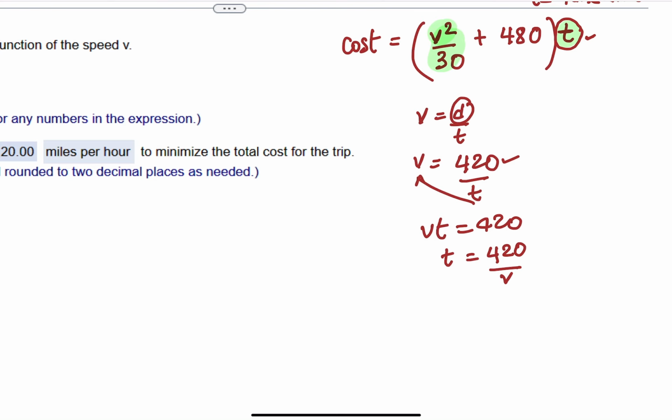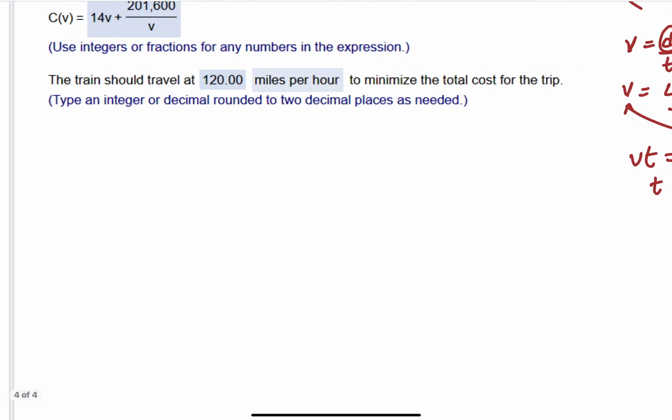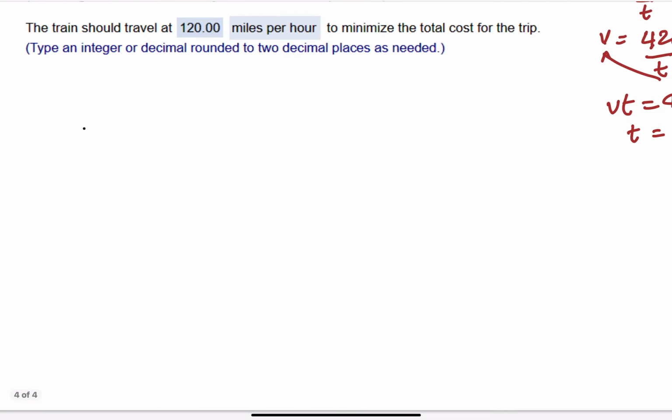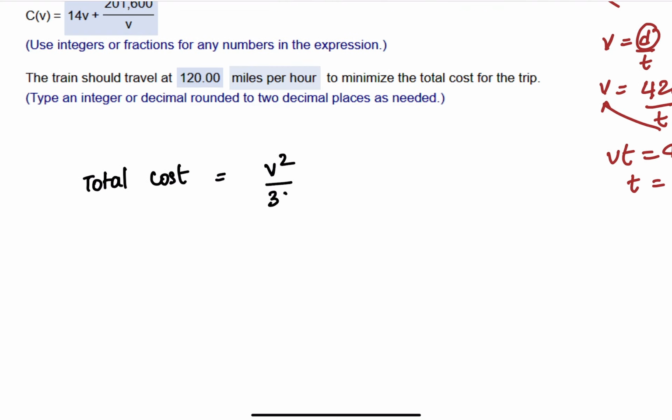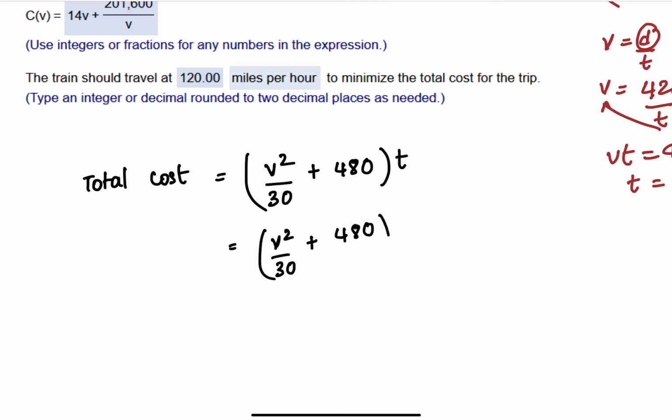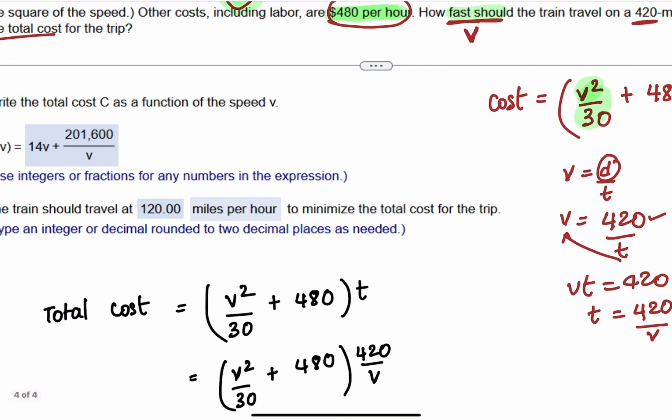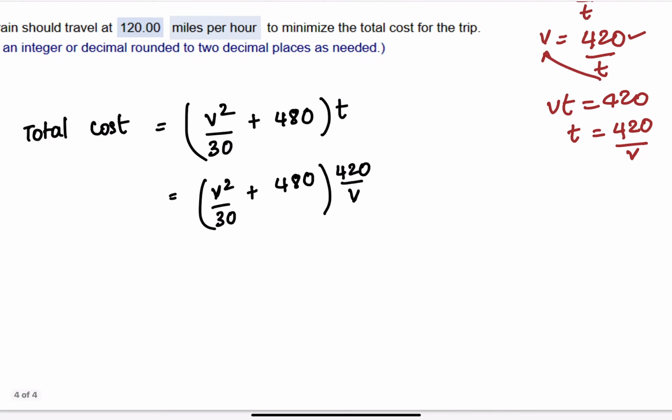So I'm going to change colors here. So my total cost, let me move it up here, is V squared over 30 plus 480 times T. But I changed my T into 420 over V. And now look what I'm going to do.